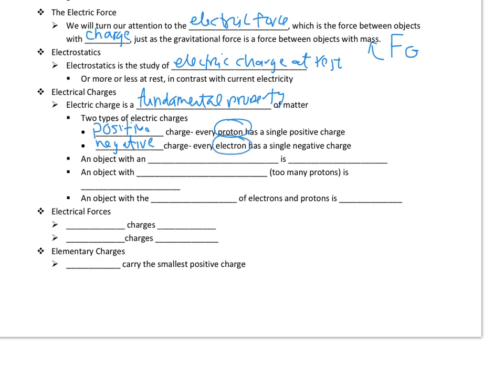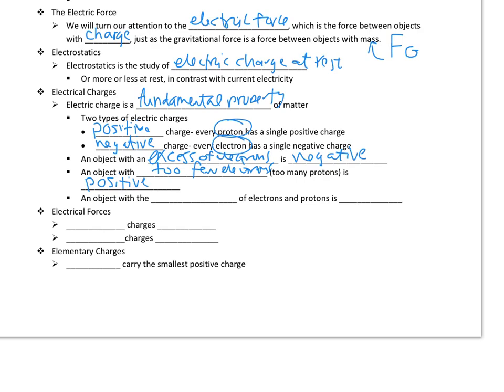An object with an excess of electrons is negative. An object with too few electrons, so too many protons, is positive.